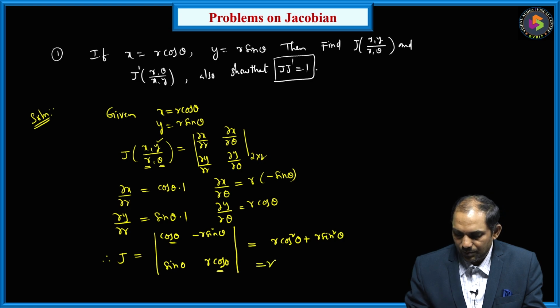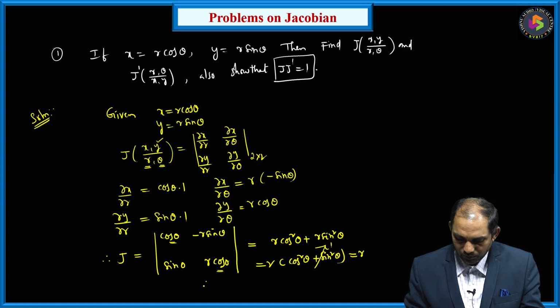Upon taking r common, it remains cos square theta plus sin square theta. This is equal to 1, therefore r into 1 is r. So finally we got the Jacobian of x comma y with respect to r comma theta is r.